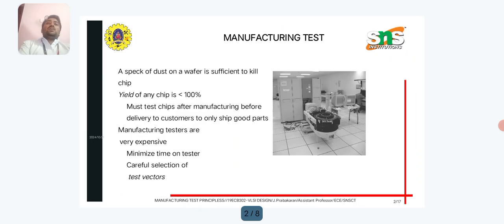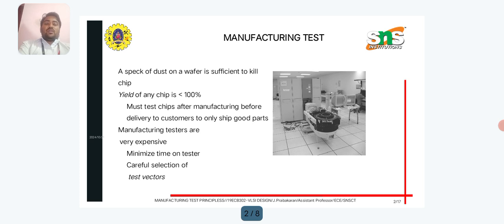Manufacturing test principle in VLSI testing focus on ensuring that integrated circuits are free from defect after fabrication. These principles guide the testing process to detect defect efficiently while minimizing cost and time.